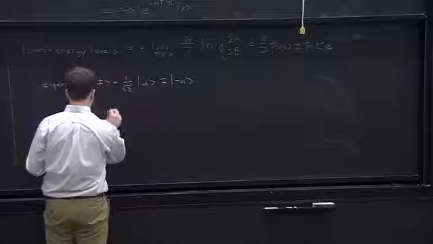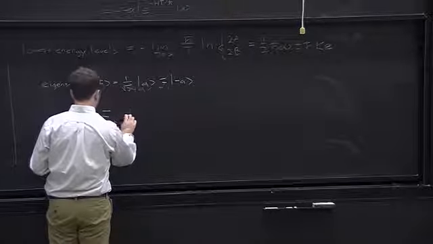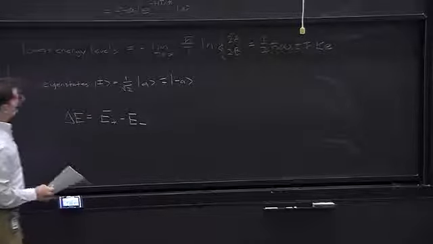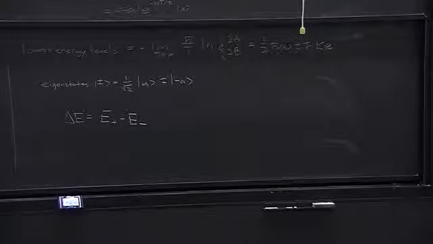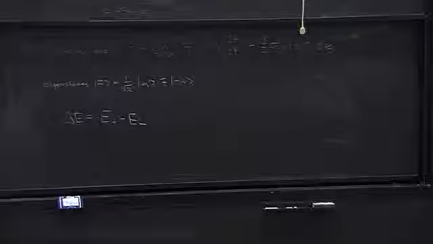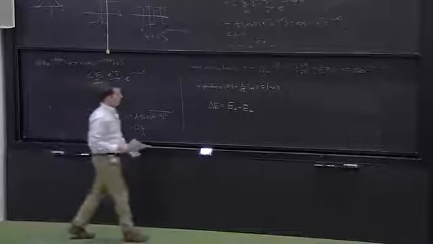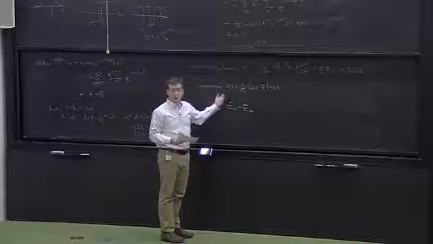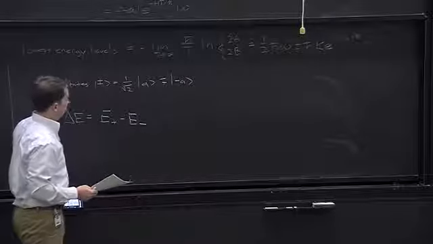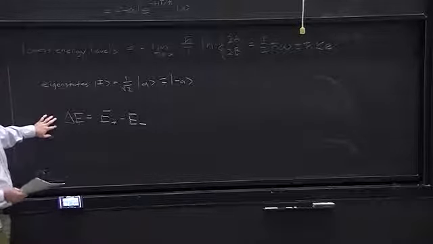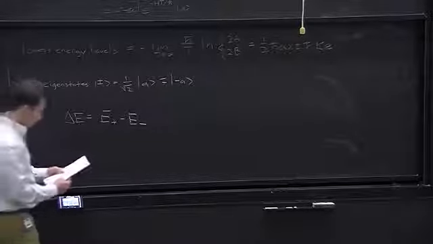Order h bar corrections to the energy will, if we assume, as we did, that the potential is even, correct the energy of the plus and minus states by the same amount. And what we've really computed is the leading contribution to the energy splitting.